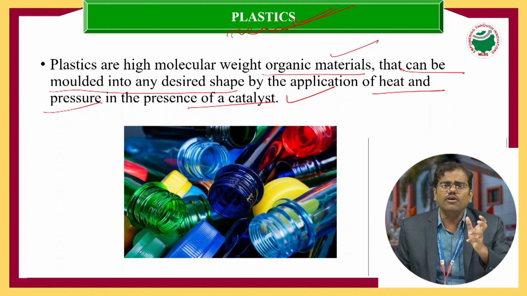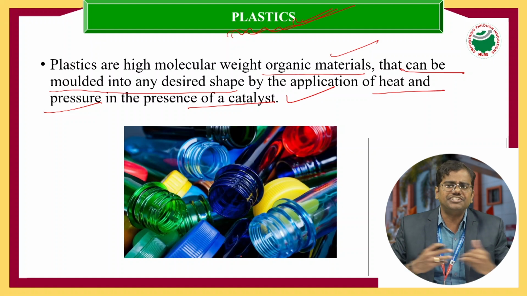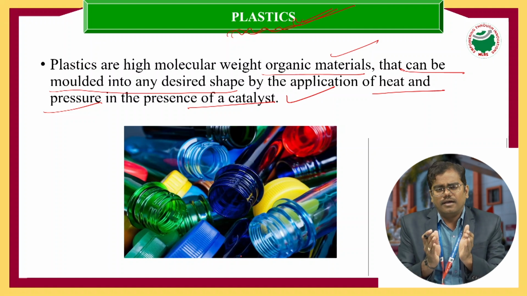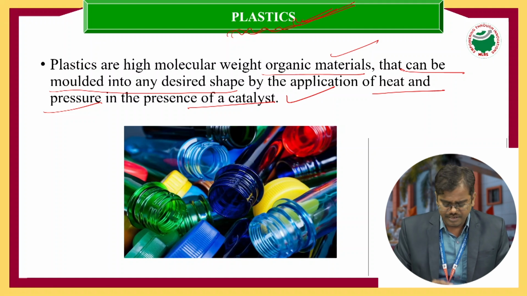We can give any desired shape to the bulk higher molecular weight substance by application of heat and pressure in the presence of a catalyst, and that is called plastic material.